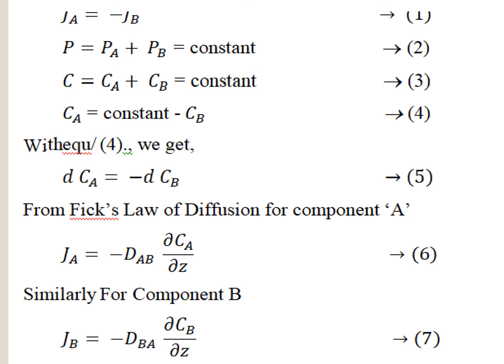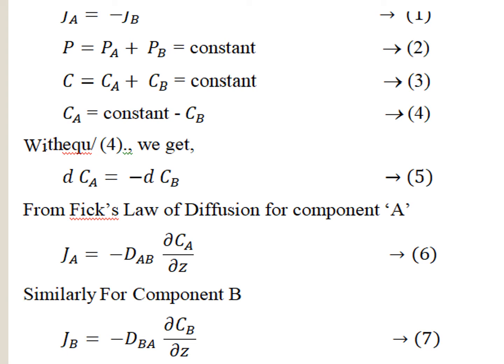We consider pressure and temperature constant. That's why we consider capital P is equal to PA plus PB is equal to constant, whereas concentration CA plus CB is equal to constant. So the two parameters, pressure and concentration, are constant.